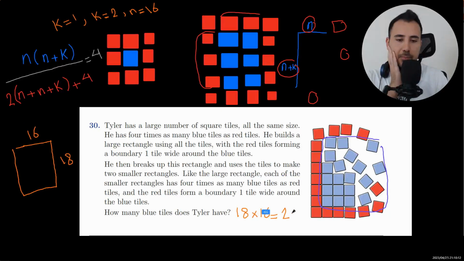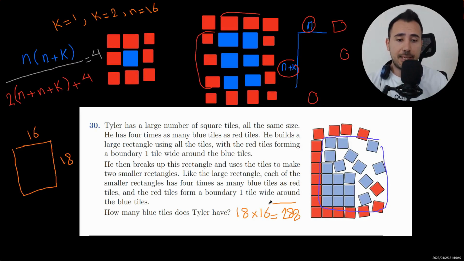Okay, if it was in the test and I wanted to answer it quickly, I would just leave it here. But can we break this 288? Can we make 2 rectangles of different sizes? Well, I haven't checked. You could try different values for k and find different values for n, if possible, and see which one works.